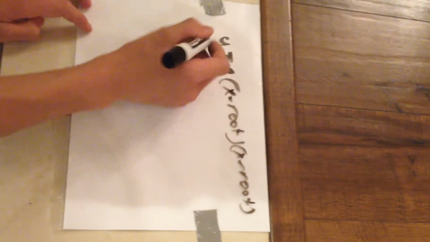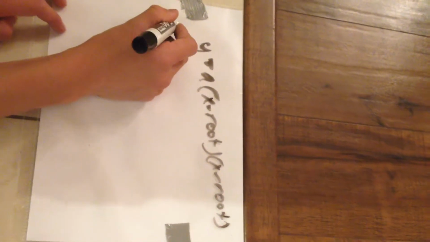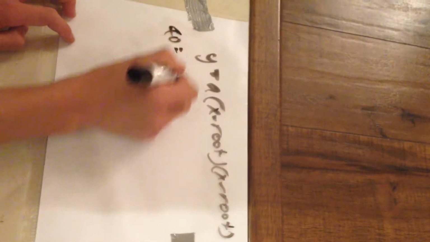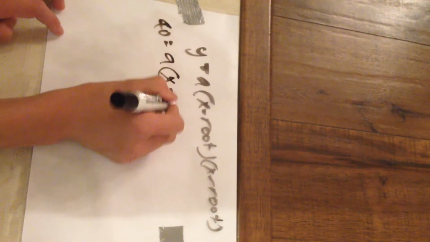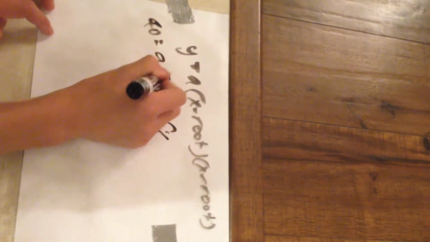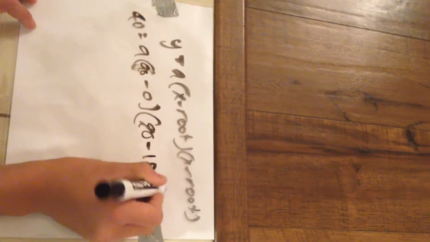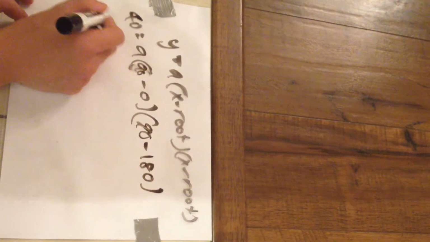X and y are the coordinates for your vertex, and the roots are your roots. You would have everything but a, so you have to solve for a.